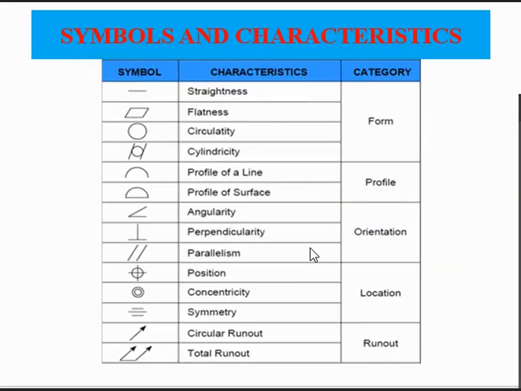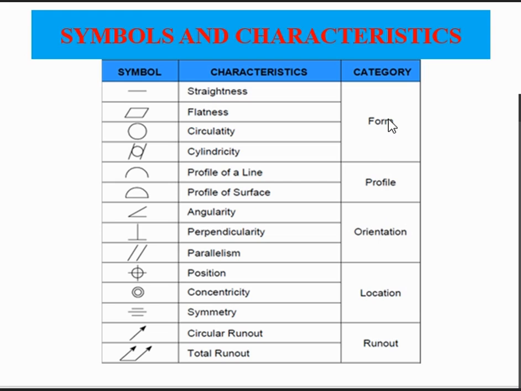Okay, so like we have tolerances on dimensions, we also have tolerances on shape, or what we call geometrical features. In this particular table you can see categories of the features like form feature, profile feature, orientation feature, location, and runout.